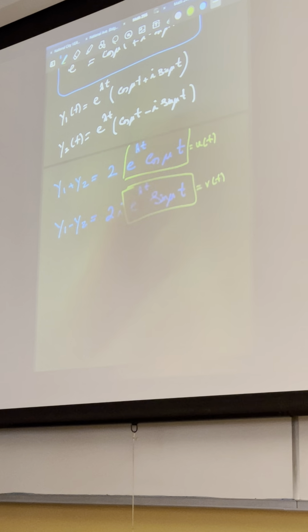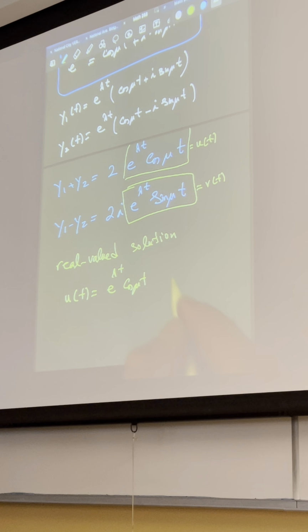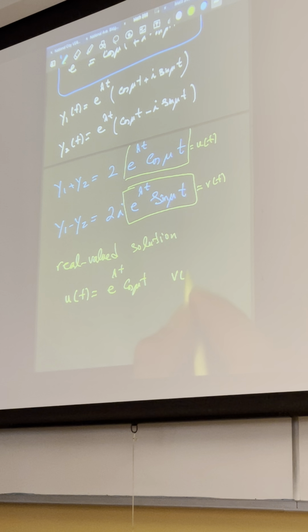So these are called the real valued solutions, where u of t is e to the power of lambda t cosine of mu t, and v of t is e to the power of lambda t sine of mu t.